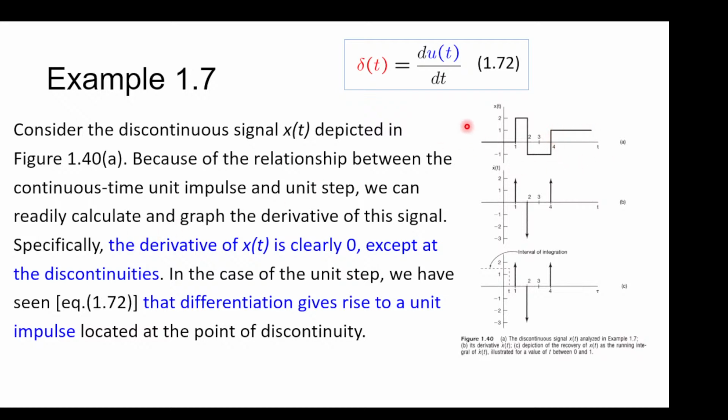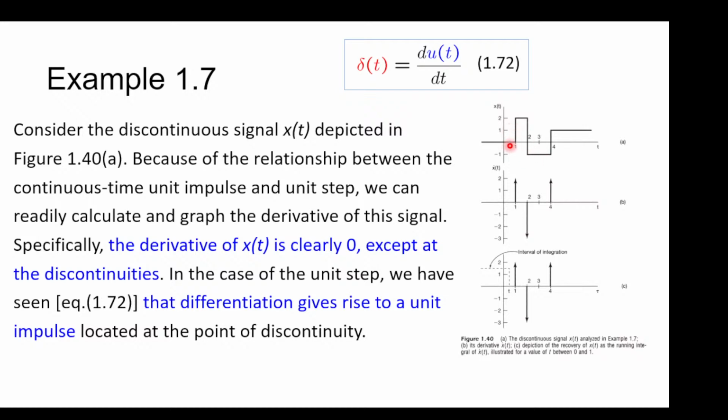And we want to take a derivative of this. We look at this function and realize it's really a lot of unit step functions added together. So when you take a derivative, you pick up a whole bunch of unit impulse functions.